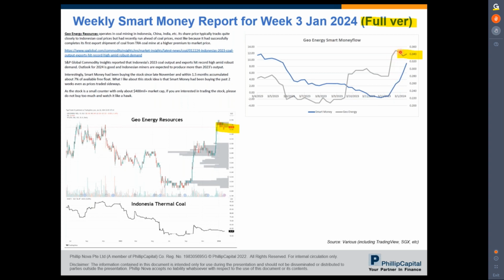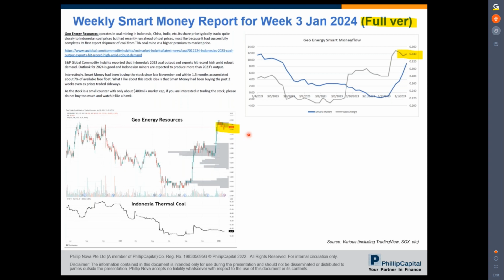But there's a second opportunity that came to us sometime in January, whereby smart money had been buying, but the share price had been staying pretty much sideways, right? So this offered us an opportunity to invest in this stock.